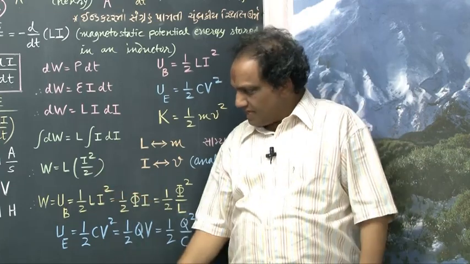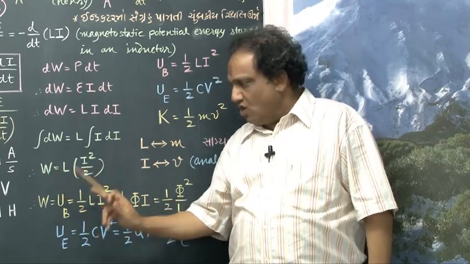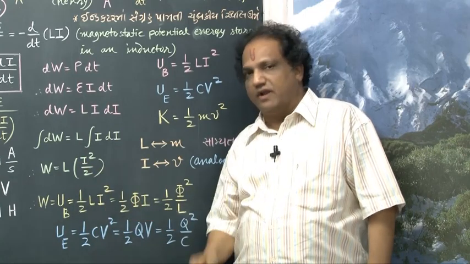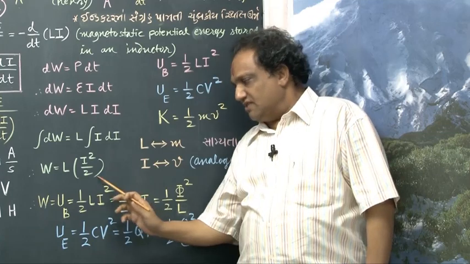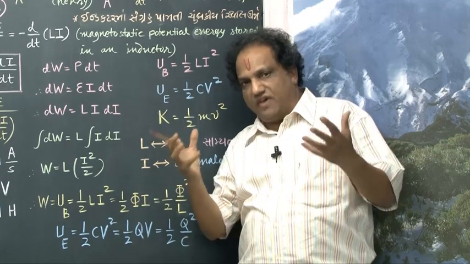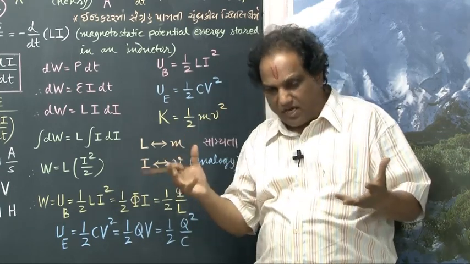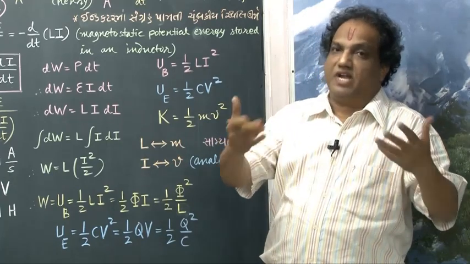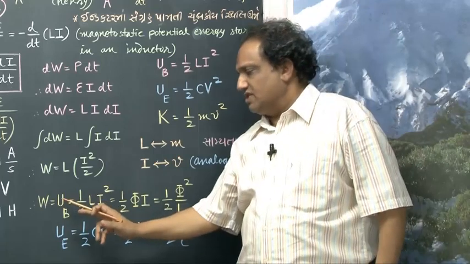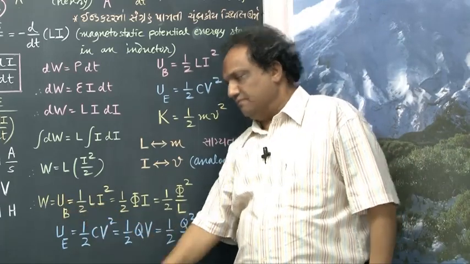Now this W has come out to be 1 by 2 L I square. This will give you the amount of energy stored in an inductor in the form of magnetic field, in the form of magnetostatic potential energy, which is shown by the symbol UB.